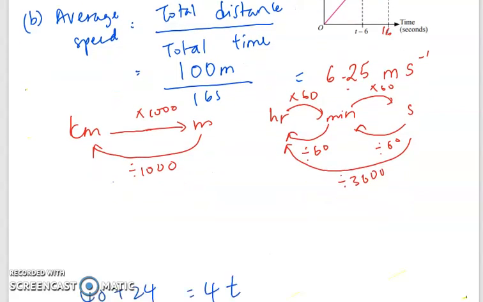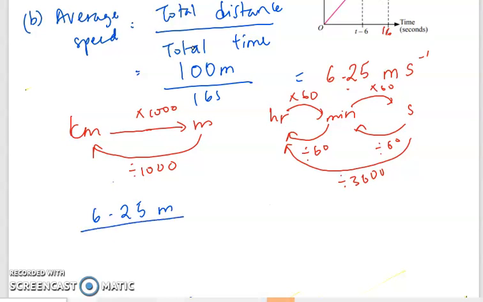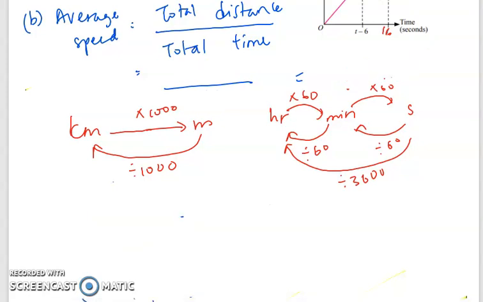Yeah, so we can convert it. So 6.25 meters per second is meters divided by 1000, and then divide by. Apologies guys, I think it's easier if we directly convert it from here.